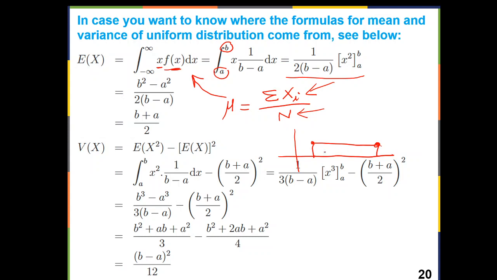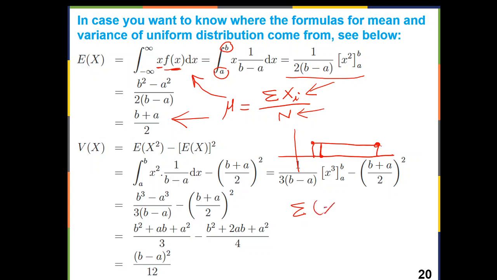The mean of a distribution would be every x multiplied by the height, and then remember, we add them all up and divide by the number of numbers. That doesn't work because there are an infinite number of them. So calculus can do that for us, and the answer is right here. The same is true for variance and standard deviation. We're not going to be able to use the original formula we had.